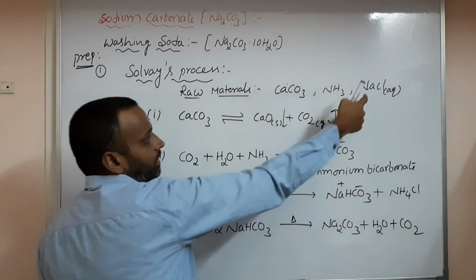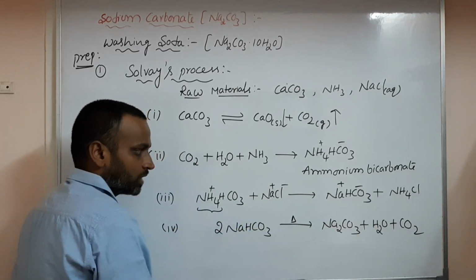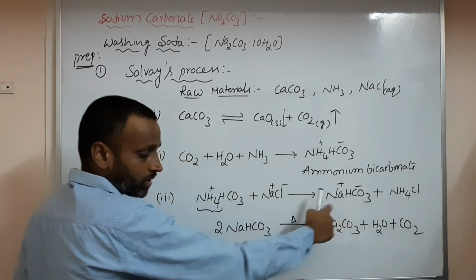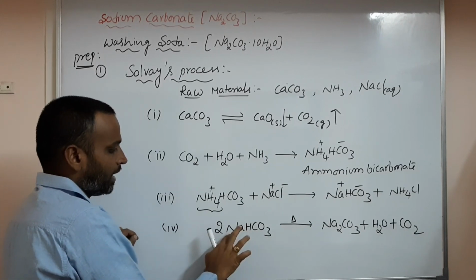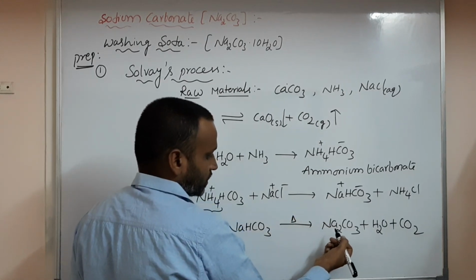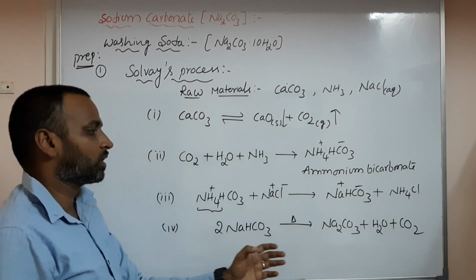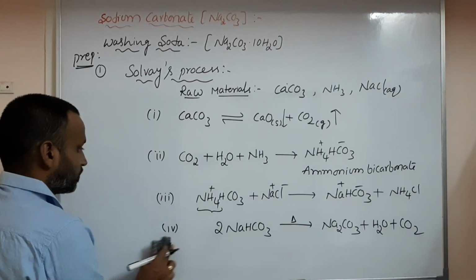Ammonium bicarbonate will react with this NaCl brine solution, then you will get NaHCO3, sodium bicarbonate, which is baking soda. On dissociation, you will get Na2CO3, water and CO2. This is the Solvay process.